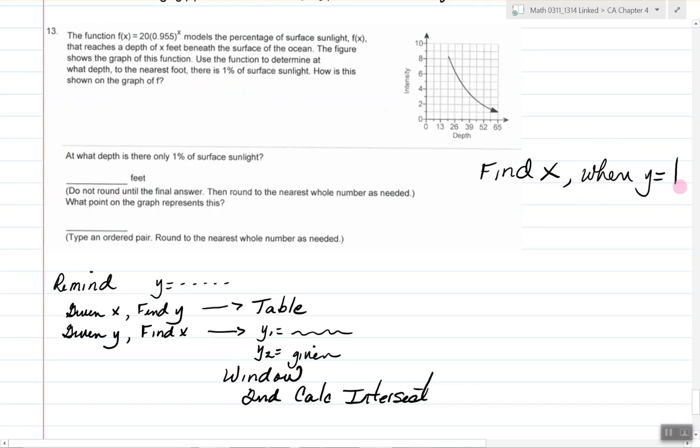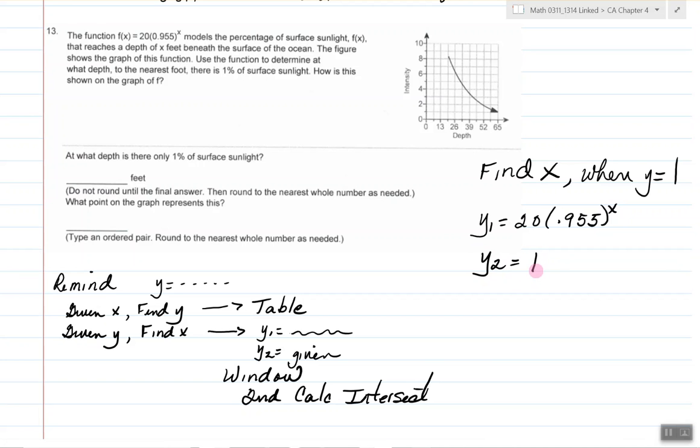All right, so I'm going to go into my y equals and put y1 is equal to 20, open parentheses, 0.955 raised to the x power, and then y2, because I've been given a value of 1 for the 1%.